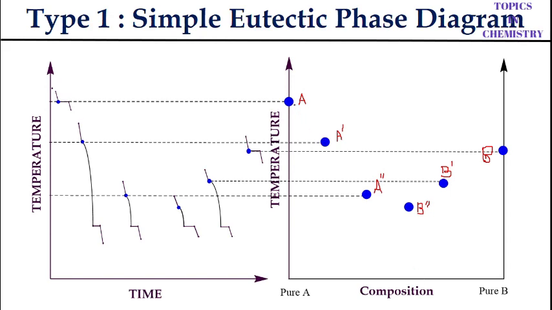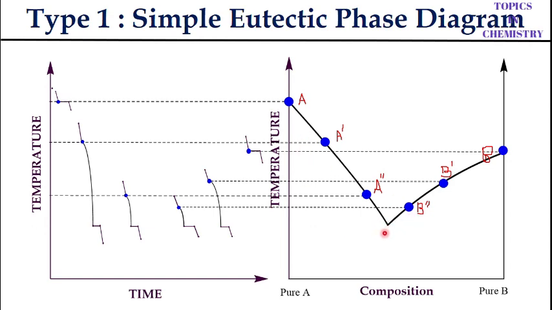Now if you join A prime and A double prime, and join B prime and B double prime, you get these two lines. Now these two lines meet at that point.